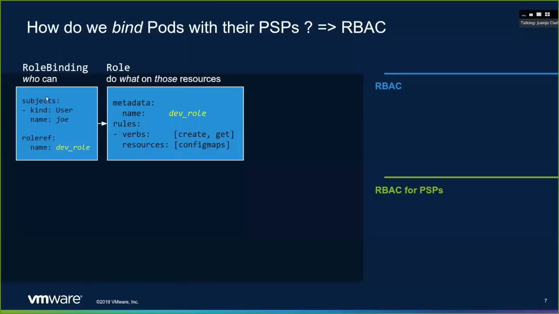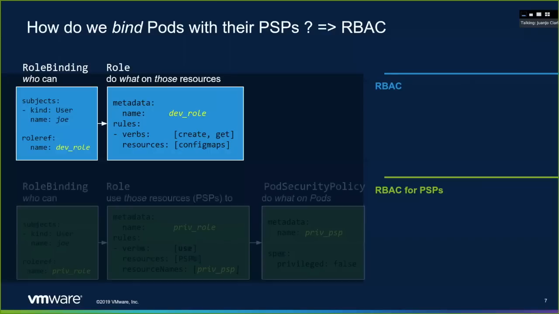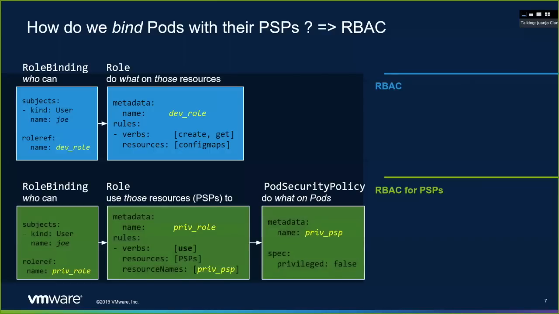In this particular case, for example, we have this user Joe, who is able to use the dev role, and the dev role allows him to create and get config maps. We're going to use this also for PSPs, but here comes the twist. For normal RBAC, the endpoint for the specification of the set of permissions, the ACL, ends up in the role. So the role contains the policy, so to say.